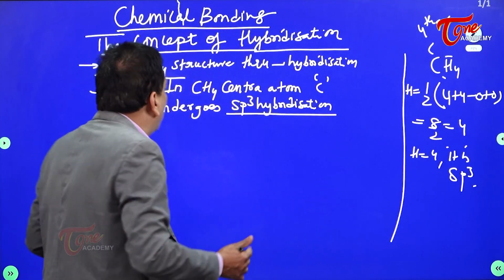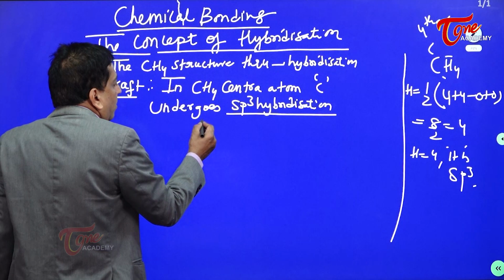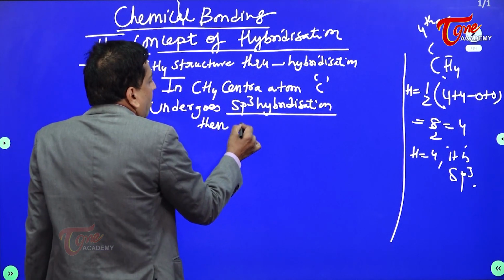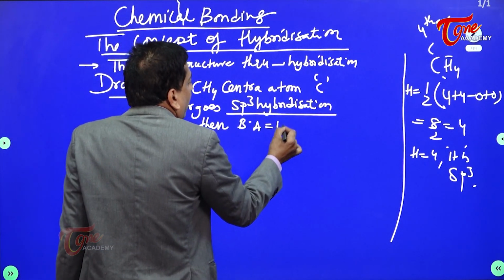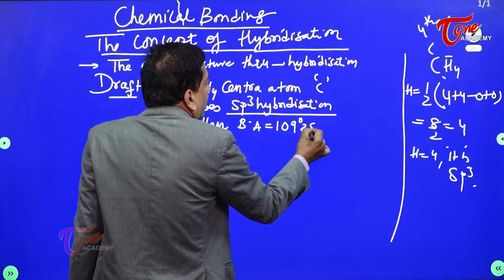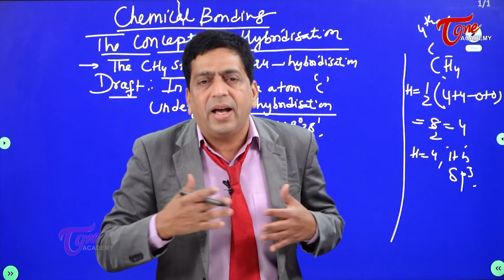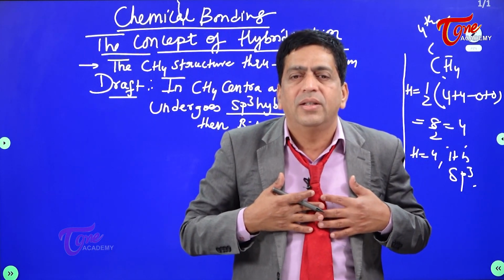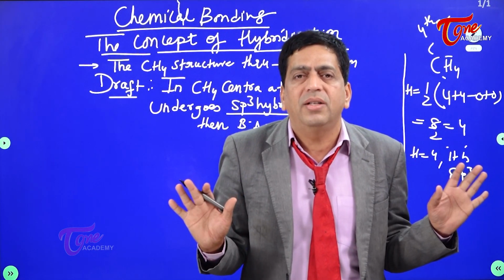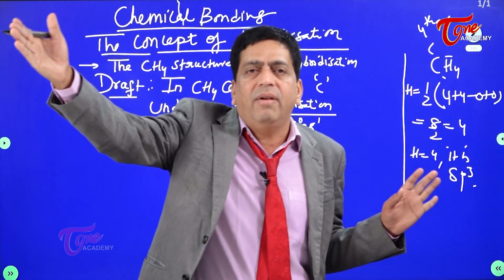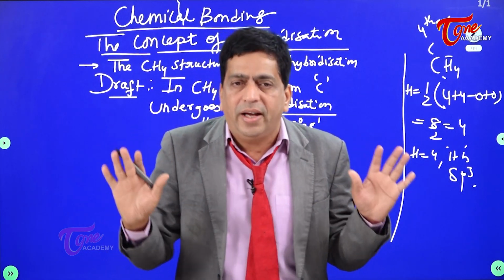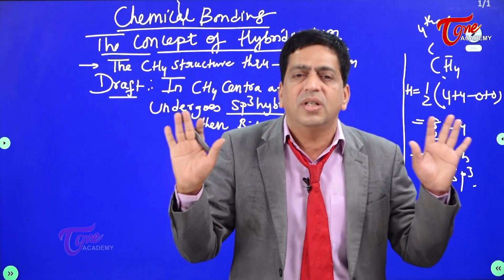In sp3 hybridization, the bond angle for sp3 is 109 degrees 28 minutes. It is fixed. Very strange. Still I have not participated in bonding. Still I am only undergoing hybridization. My partner is far away. I am now getting ready in a direction, sit in a direction, structure is fixed.